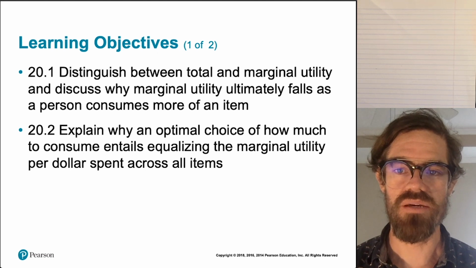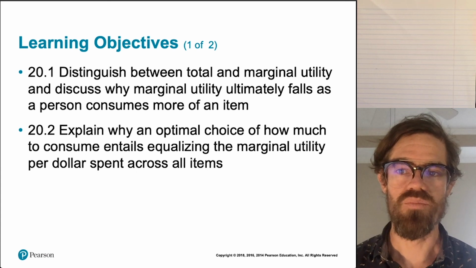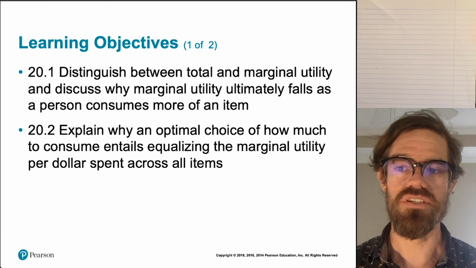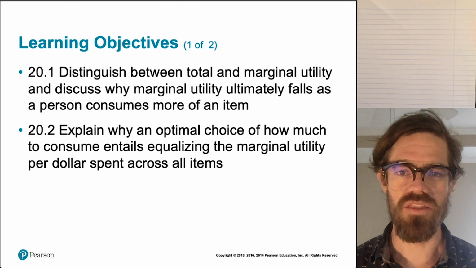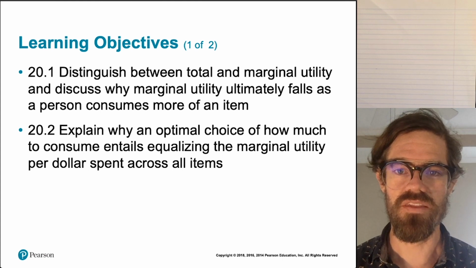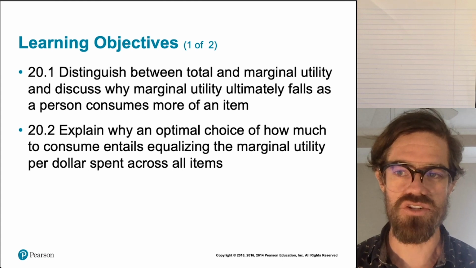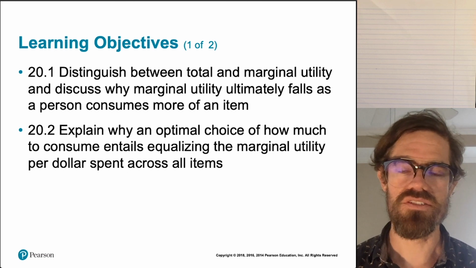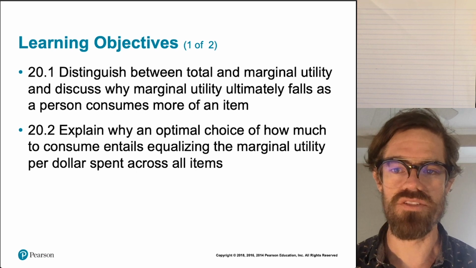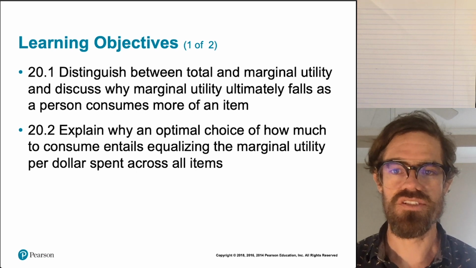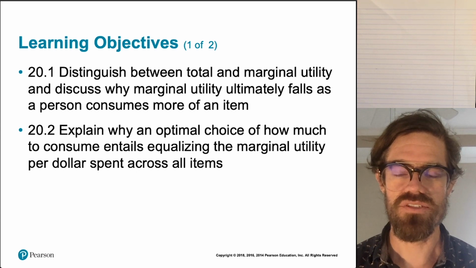And then we also need to be able to discuss why marginal utility, or additional utility, which, by the way, utility is just the economist's word for satisfaction, ultimately falls as a person consumes more of something. Those are our first learning objectives.